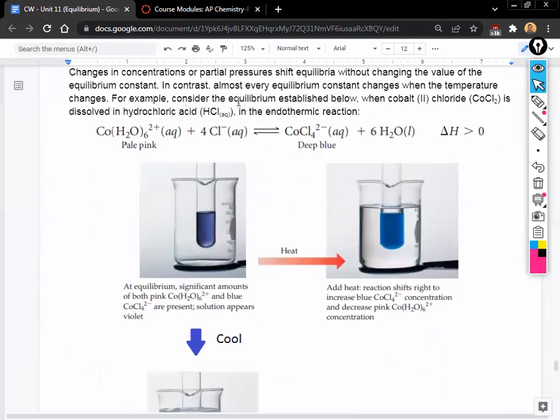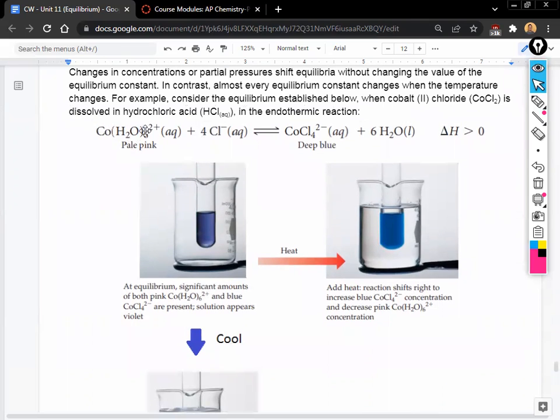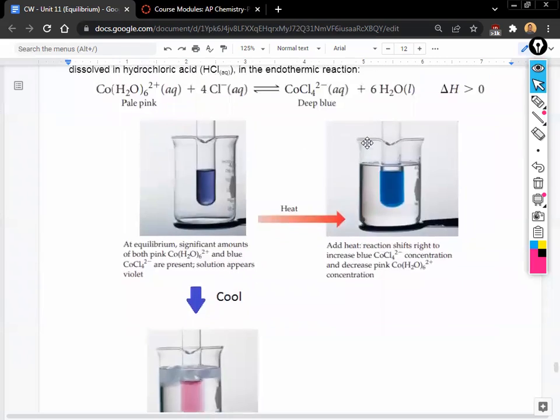Okay. Temperature change is another one that I want to talk about. Le Chatelier's principle tells us that it's going to have the opposite effect with temperature. Let's take a look at this equilibrium right here. We have this compound, Co(H2O)6, and then we have cobalt chloride, CoCl4.